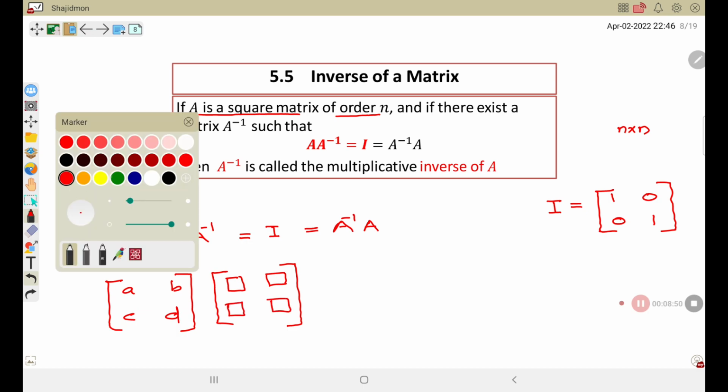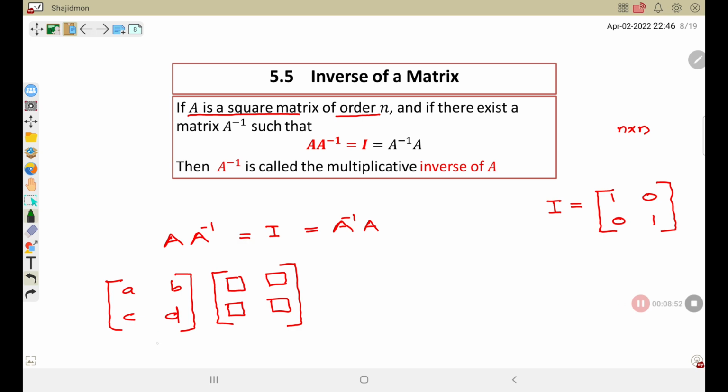Now when we multiply these two matrices, the answer should be equal to the identity matrix. What is the identity matrix? 1, 0, 0 and 1, because it is a 2 by 2 identity matrix, correct? So we need to find what this matrix is. This matrix we call the A inverse matrix. That means the inverse of the A matrix.